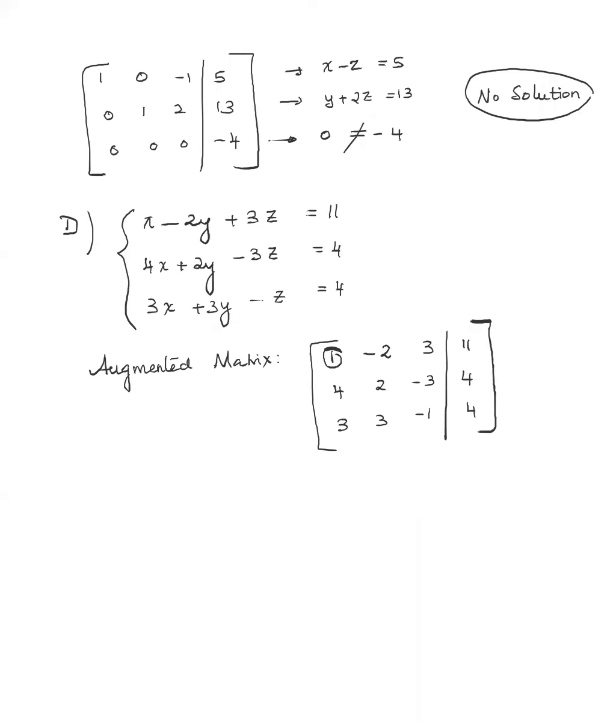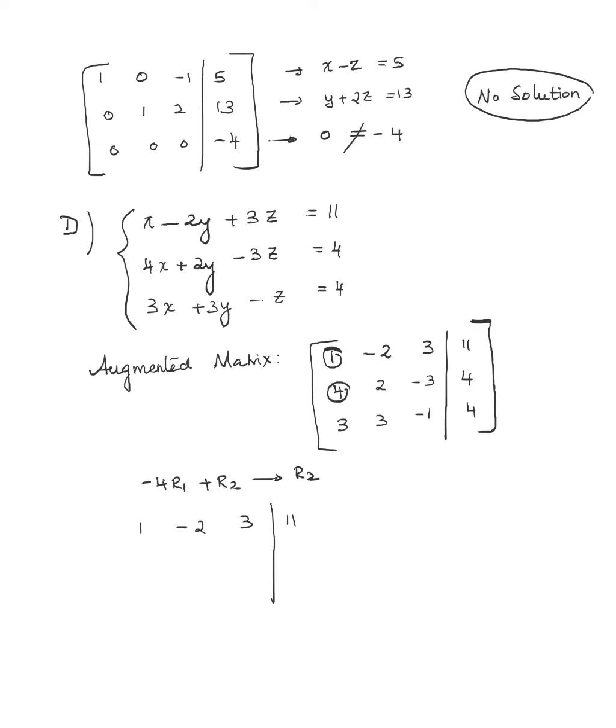So we have to make this 4 into 0. How are we going to do that? We can do -4: you multiply row 1 by -4 and then add it to row 2. So you write the first row as it is.